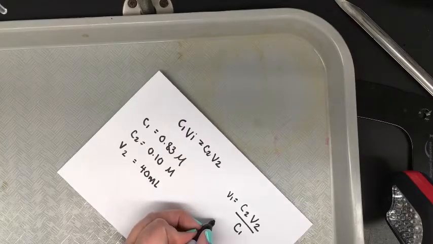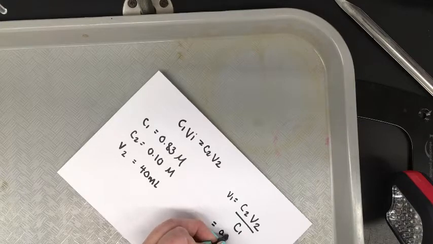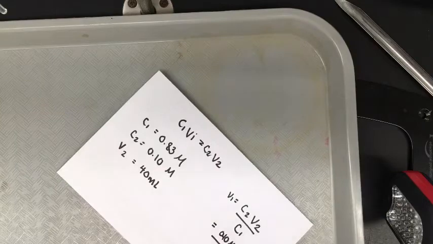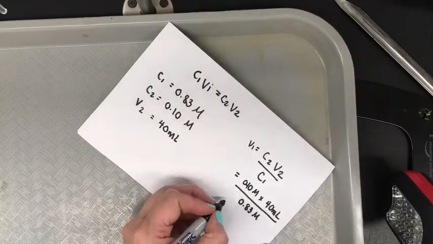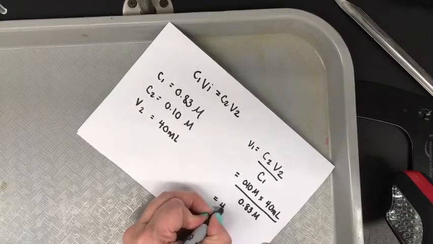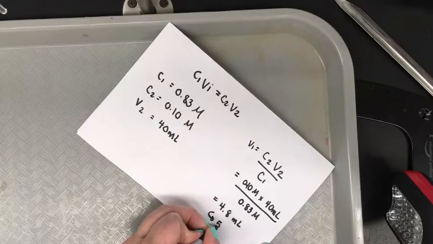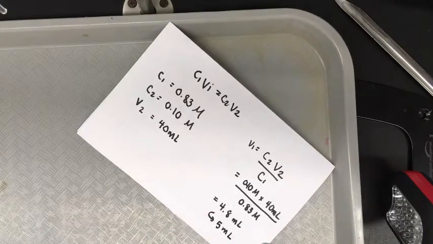So that's equal to 0.10 molar times 40 milliliters divided by the initial concentration, 0.83 moles per liter. So we need approximately 4.8 milliliters. So we're just going to round that off to 5 for our pipette reasons of the acetic acid.